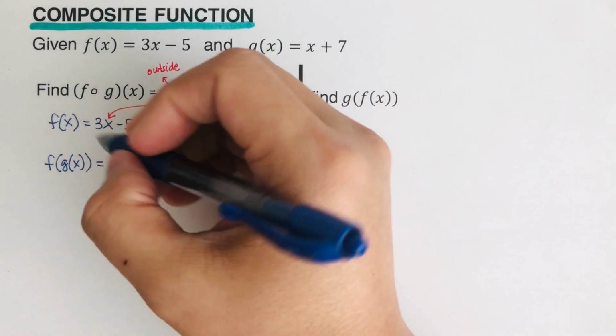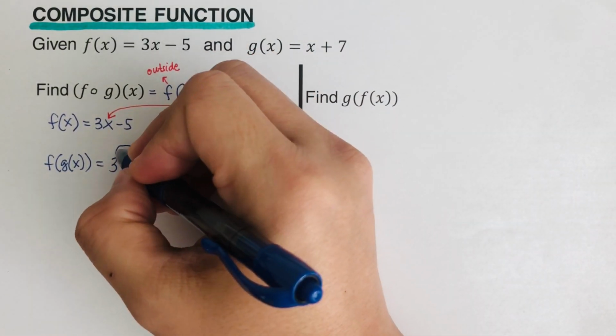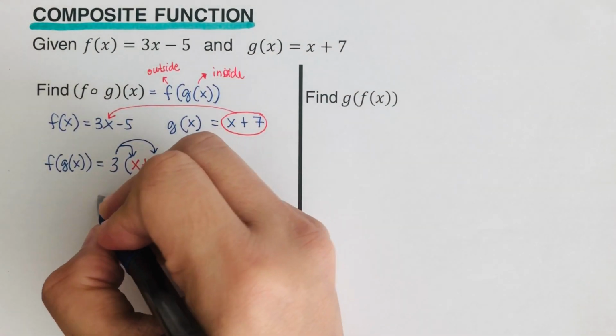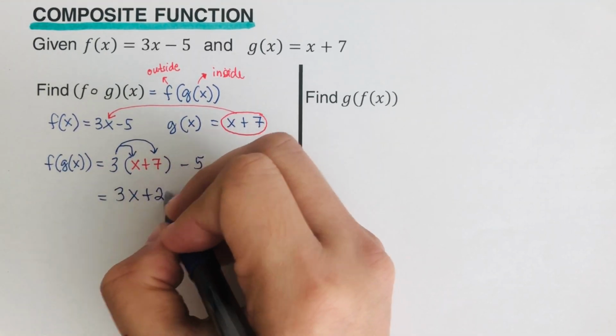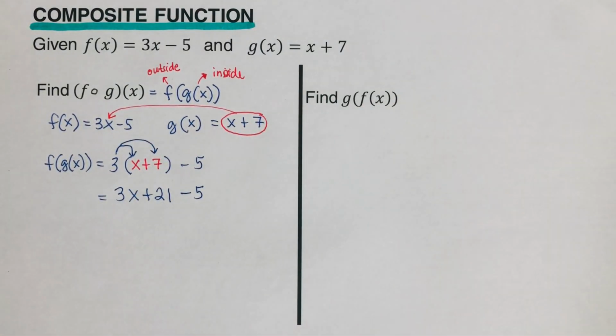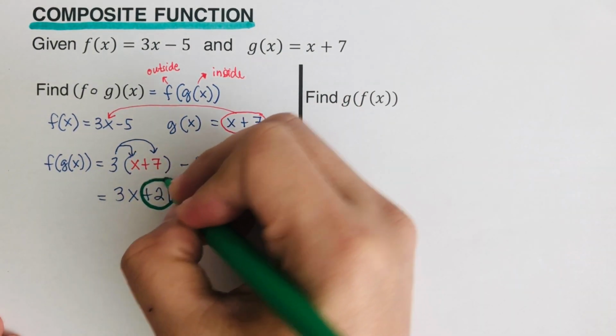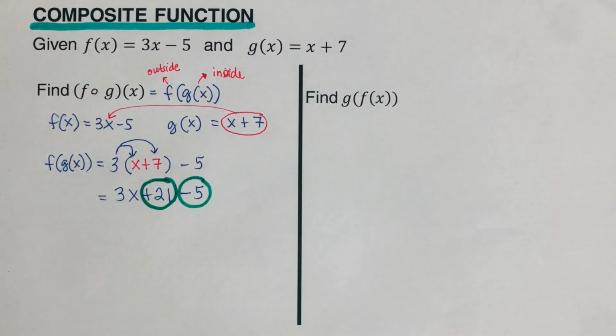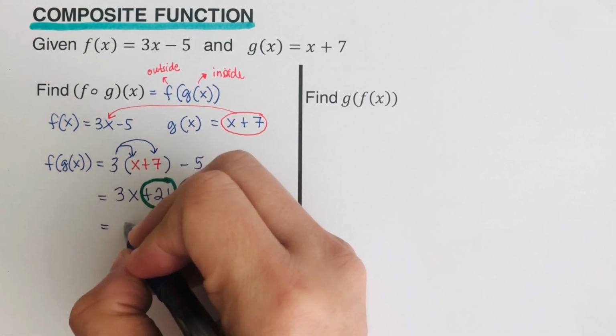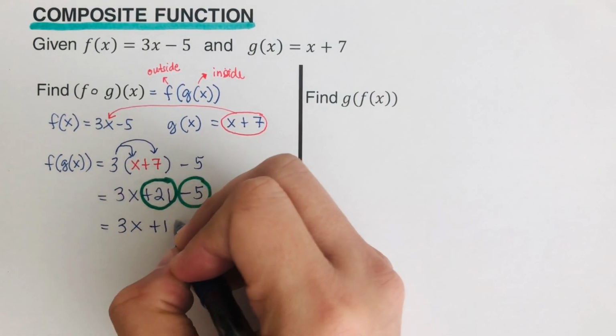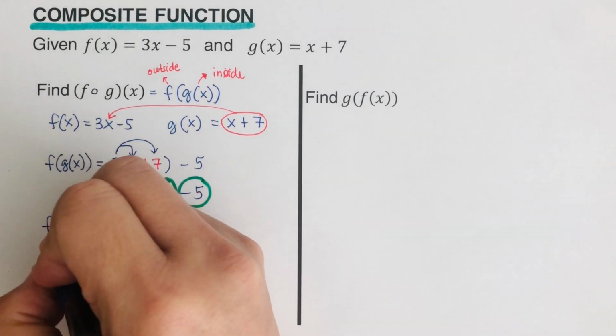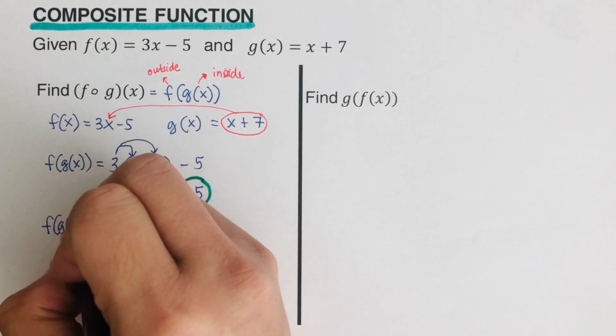From here, we distribute the 3 to each term inside the parentheses. Then we combine like terms, 21 and negative 5. The final answer is 3x plus 16. So this is our f of g of x.